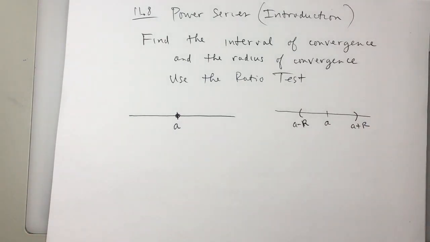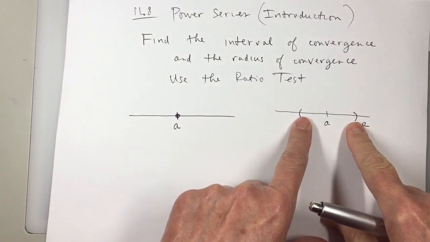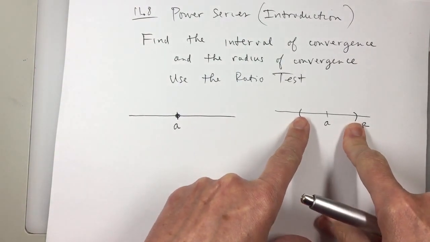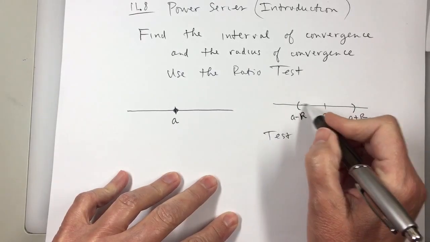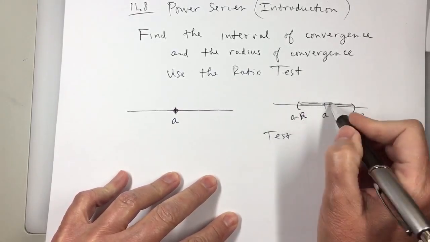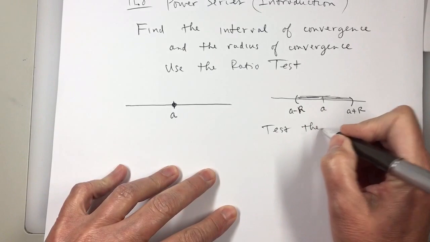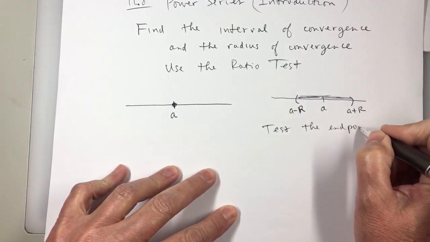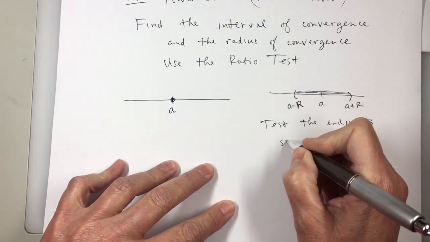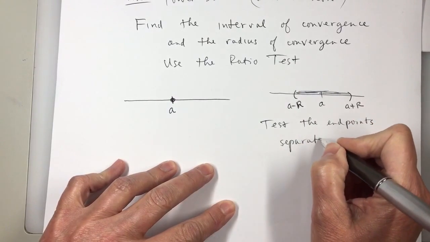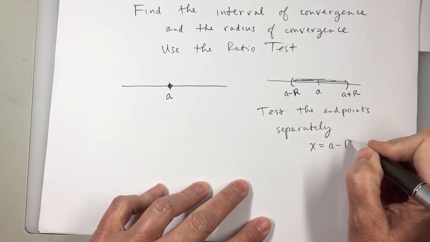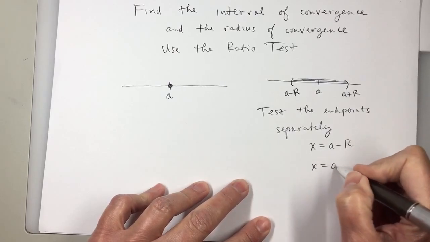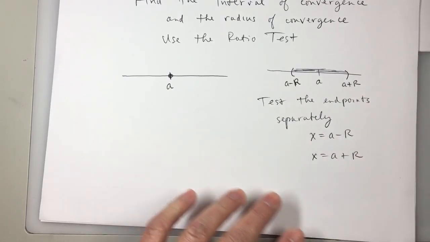What do you have to do at those endpoints? Test them. Test the endpoints separately. The endpoints being x equals a minus r and x equals a plus r.